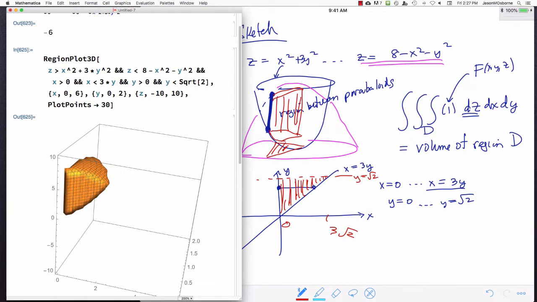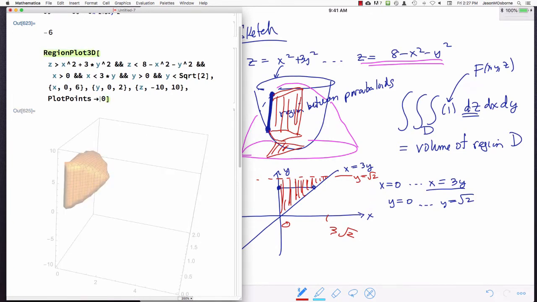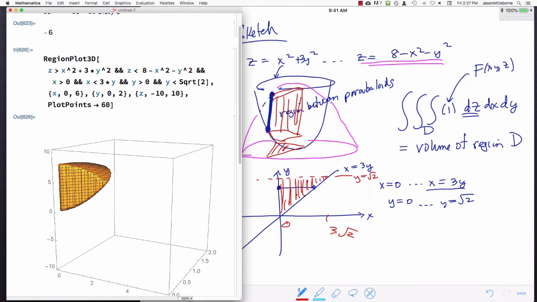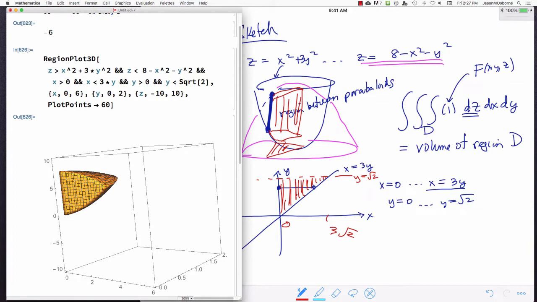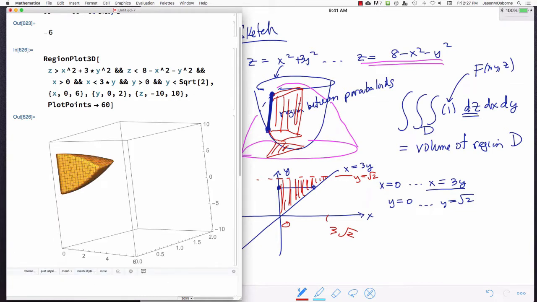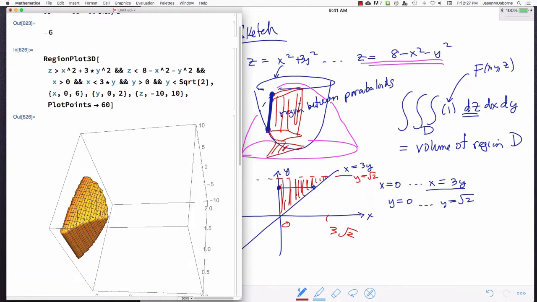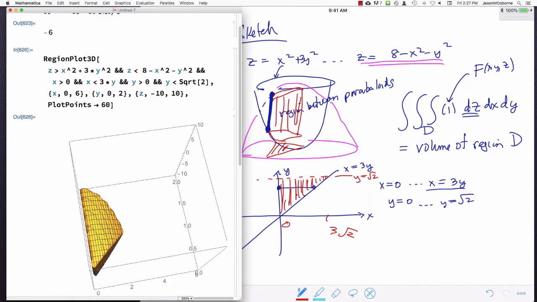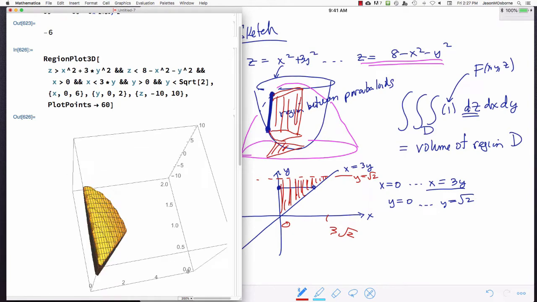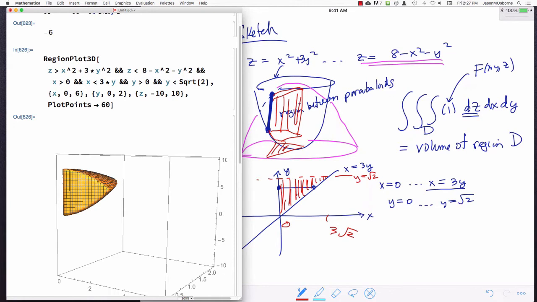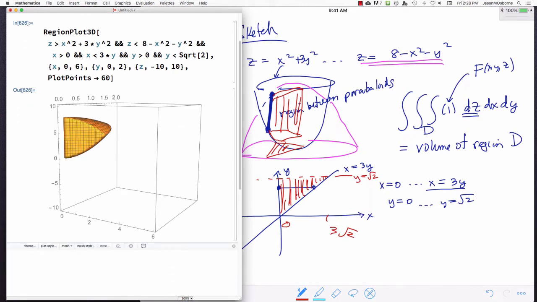Okay, let's plot even some more points because we're hoping to see something that's trapped between, right? You can see a paraboloid on the bottom, something that's kind of curving from the bottom, and it's also curving from the top. And if you look at it from the top, it should look like a triangular region.